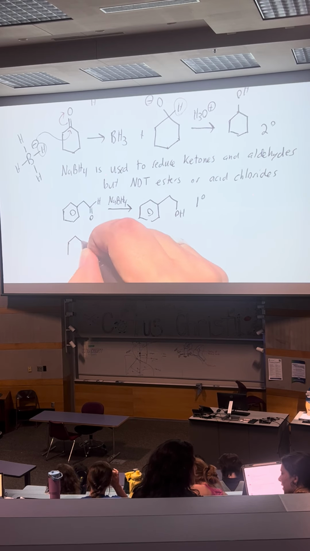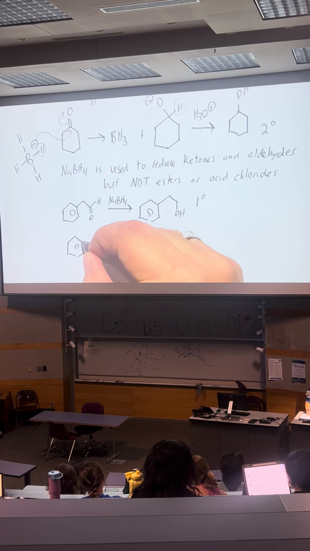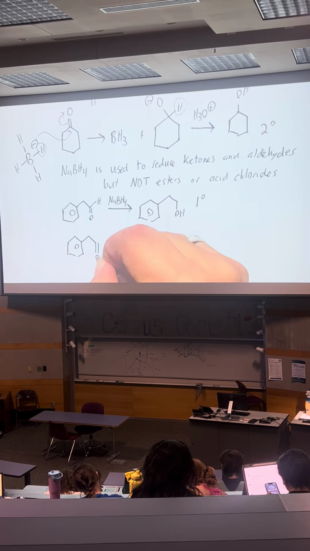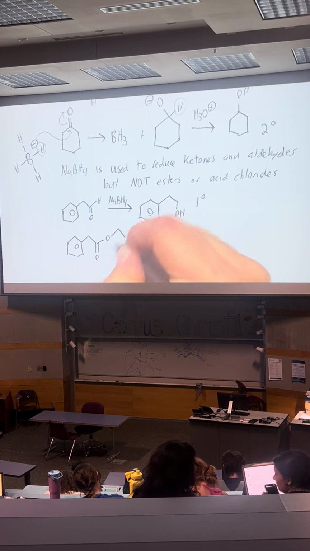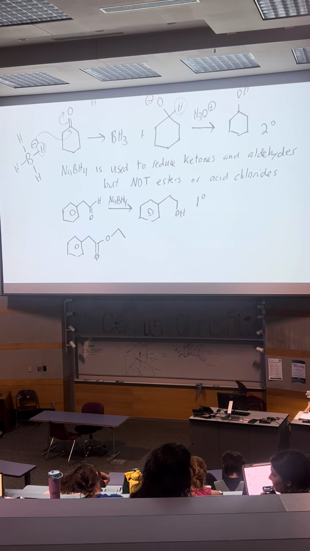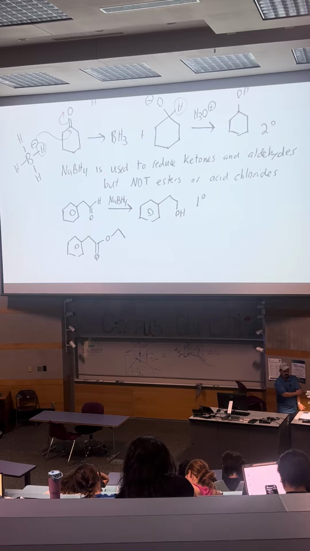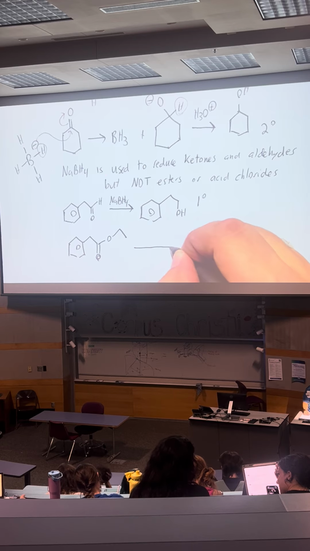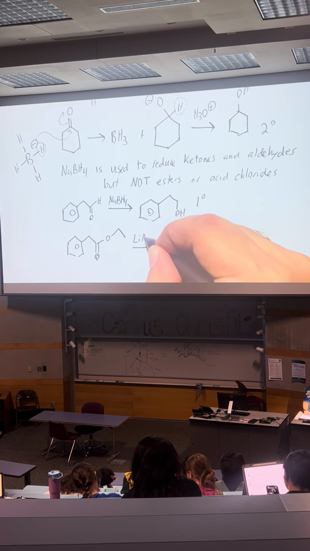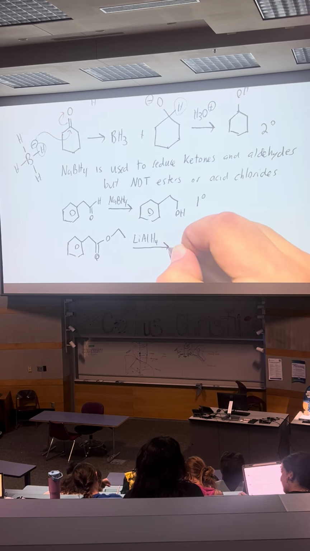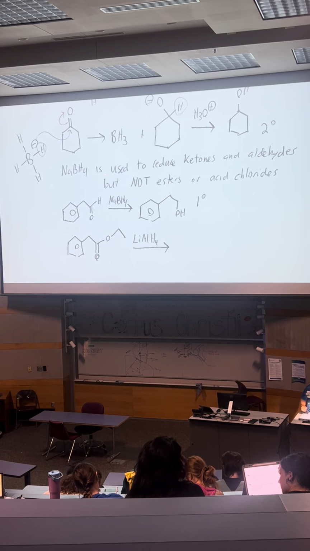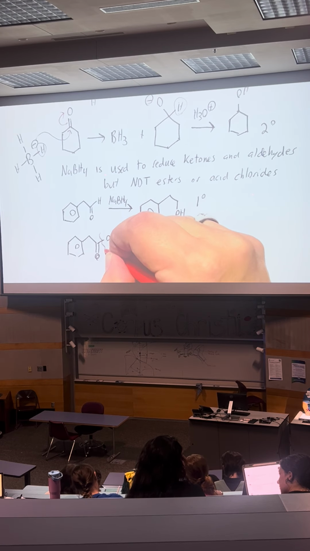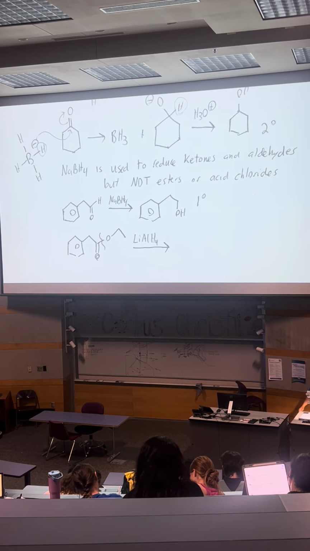Now, for those of you who don't remember what esters look like, here's an ester. It's a carboxylic acid derivative. It's formed from the reaction of alcohols and carboxylic acids. And so for this, if we hit it with lithium aluminum hydride, what you're going to see is chain cleavage from the carbonyl carbon alpha to the oxygen.